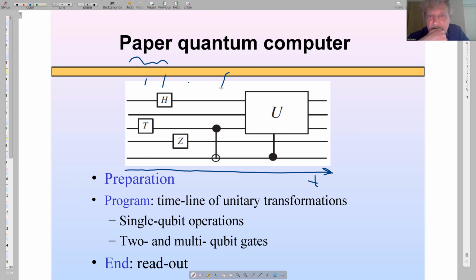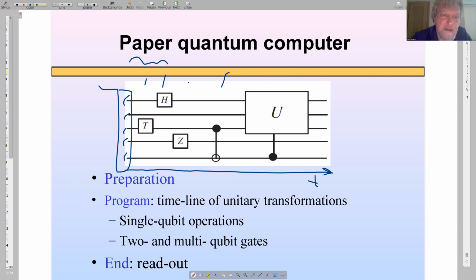It's supposed to be executed on a quantum computer. These horizontal lines indicate individual units, qubits, individual elements of this quantum computer. The first stage is to prepare these qubits in a certain state with a certain wave function. Then we apply all other operations.